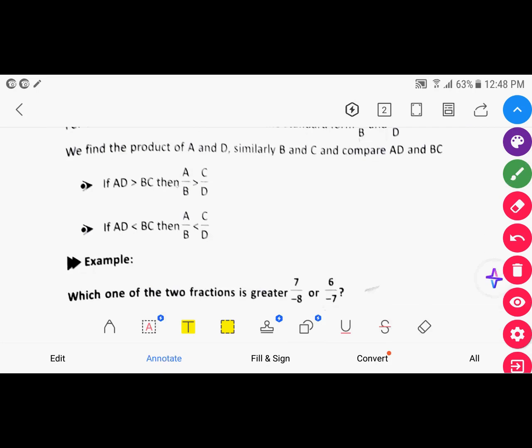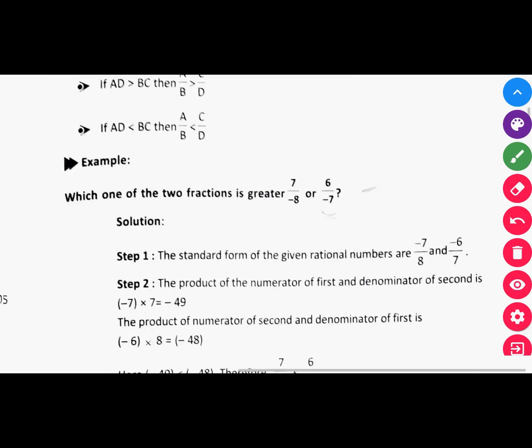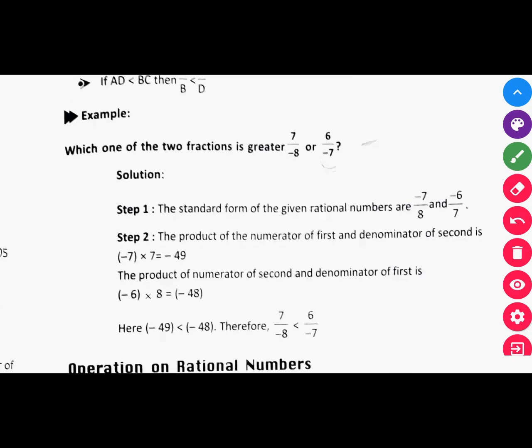So if AD is greater than BC, A upon B, the first number is greater than the second number. If AD is lesser than BC, then the second number is greater. And this comparison we can do between two numbers only.